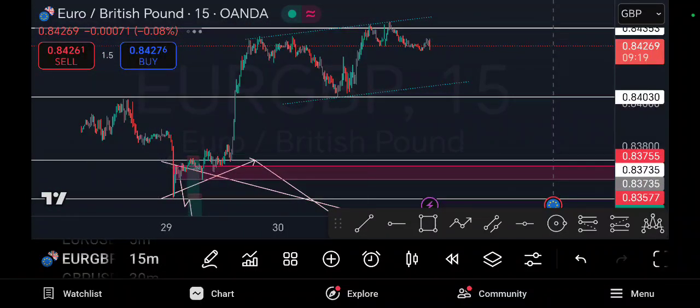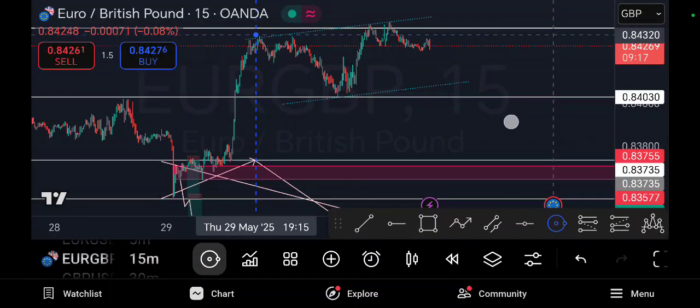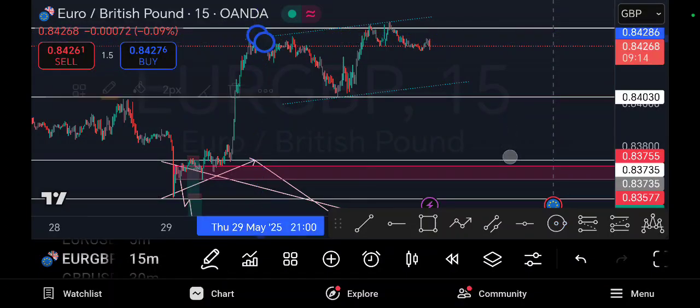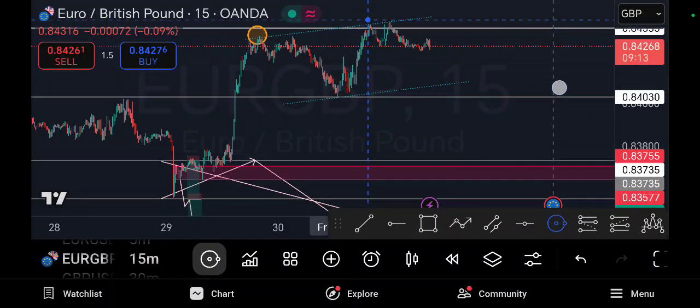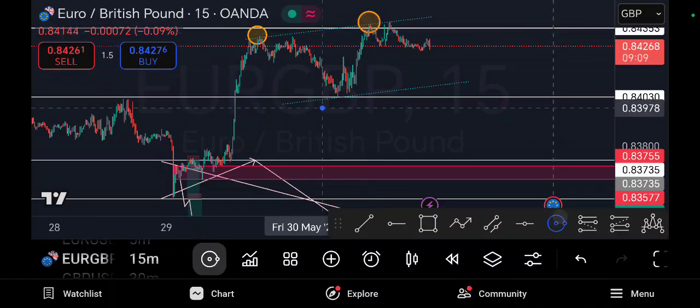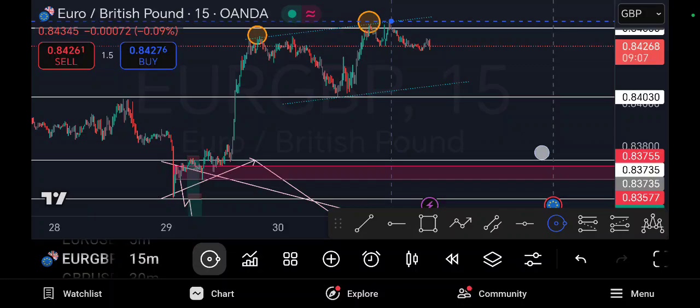See, first touch here on the trend line. Second touch on the trend line and the key zone, key level, and then the third one also.